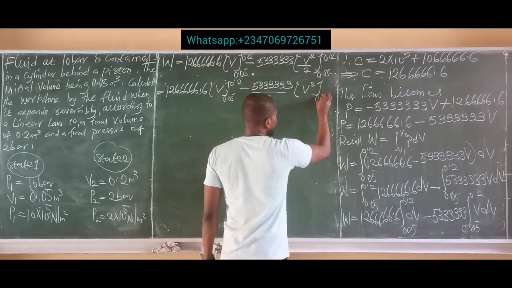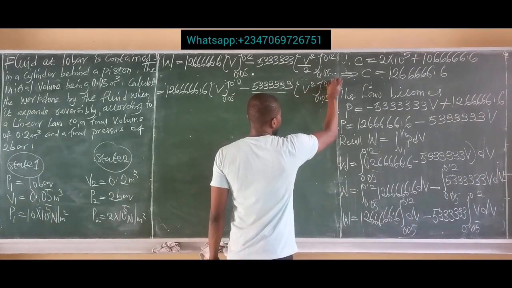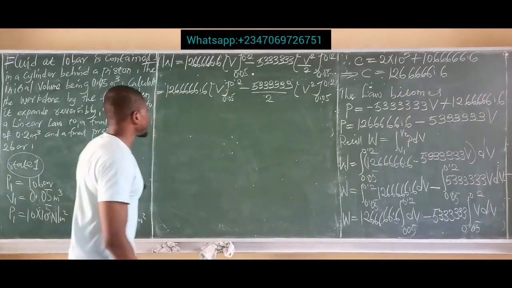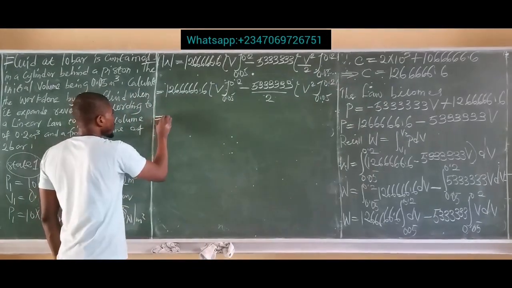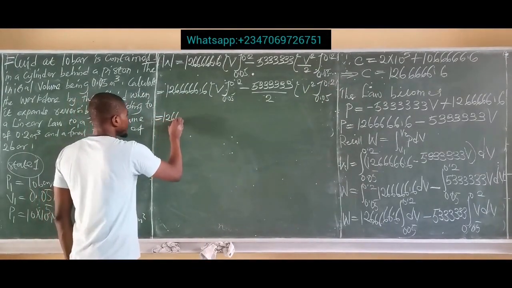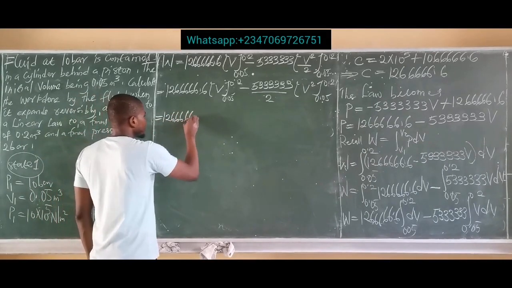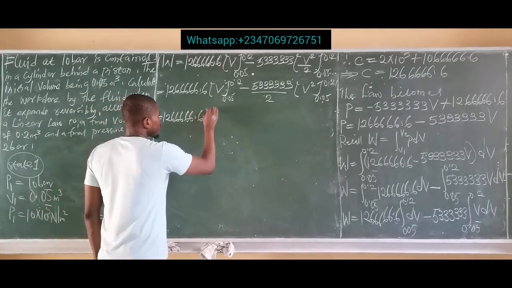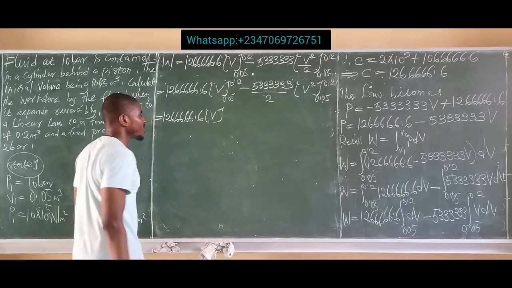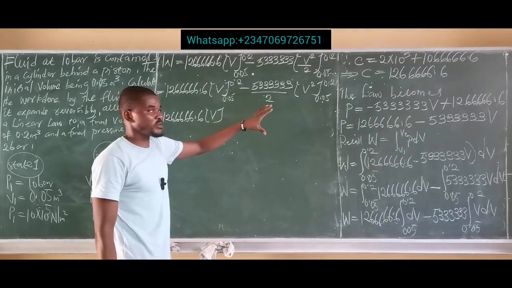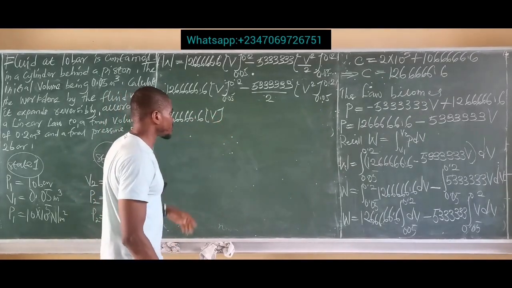Put in your limit 0.05 to 0.2. Okay, so work done is equal to 12666.6 into V. So mind you, I am not putting the limit yet. I want everything to be sorted out before putting the limit all together.